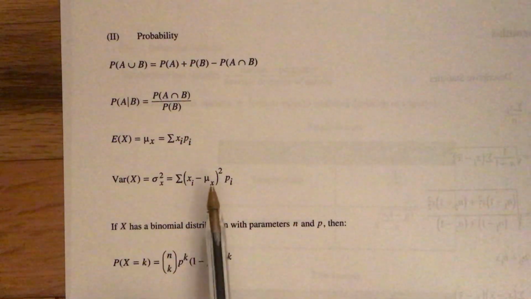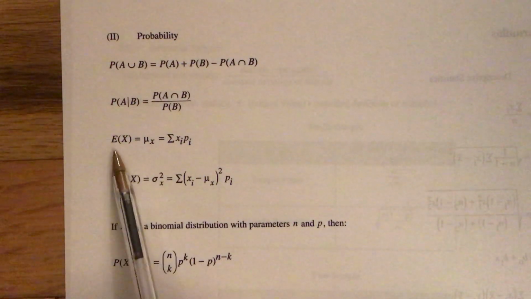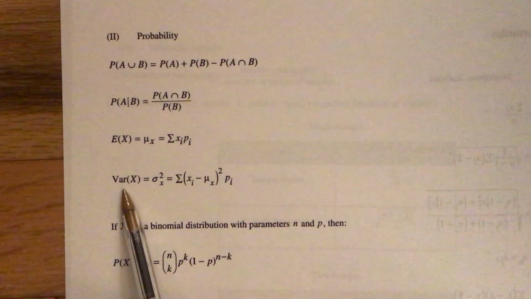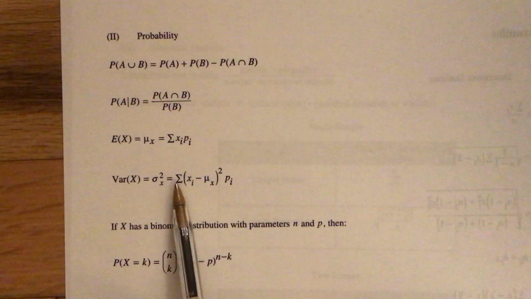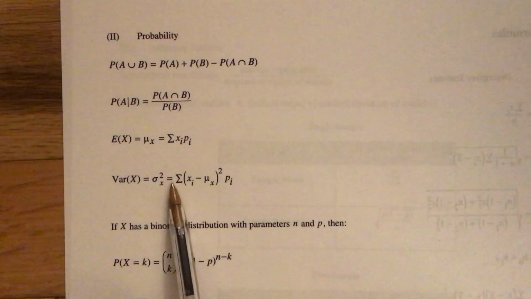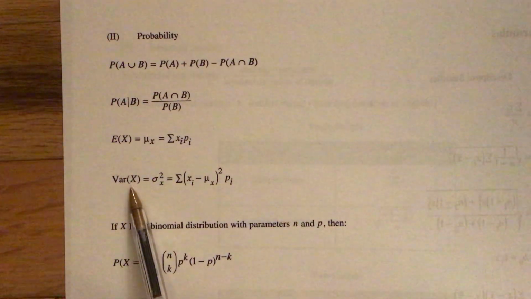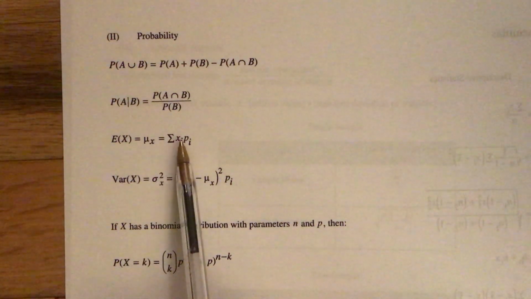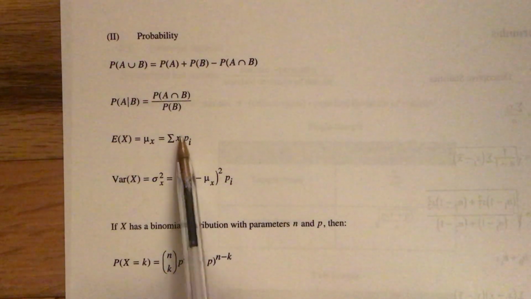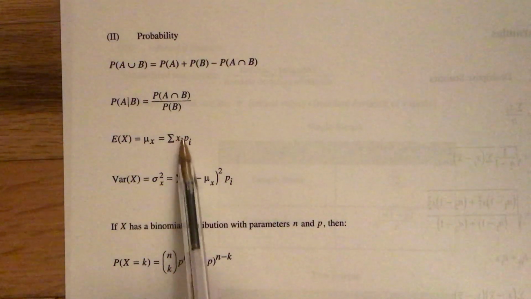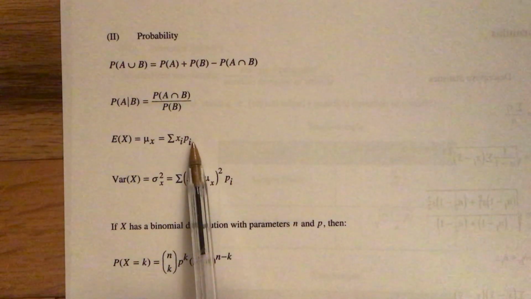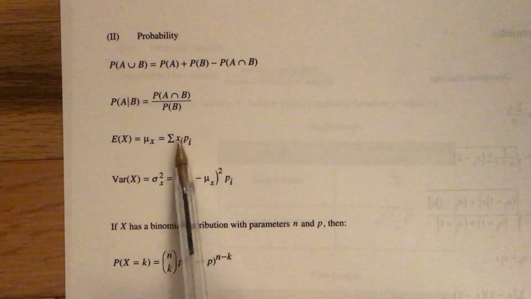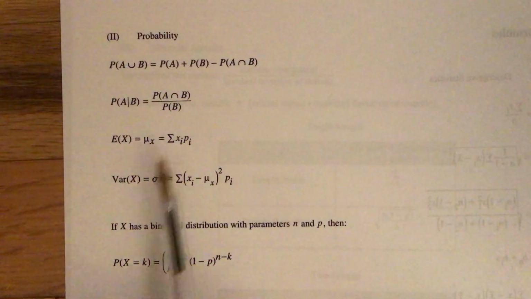These 2 were for expected value and the variance, which if you take the square root of this, you'd get the standard deviation. So when we were doing probability distributions and you wanted to know the expected value or the variance, this formula basically says you would take the value of one of the events times its probability, and do that for each category that you'd have and then add them up.